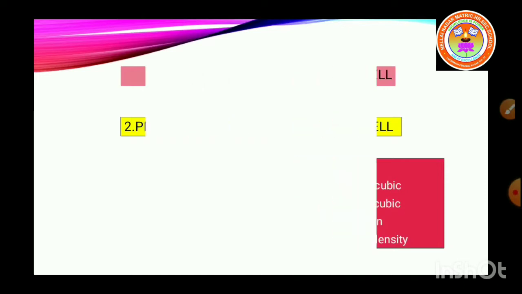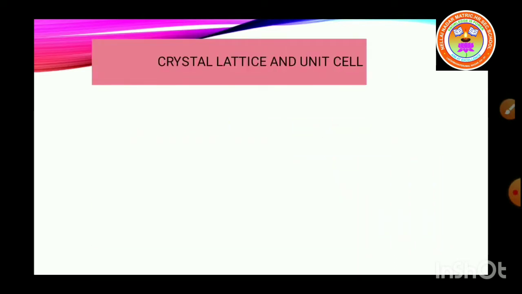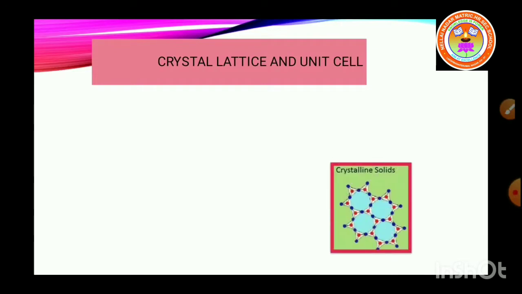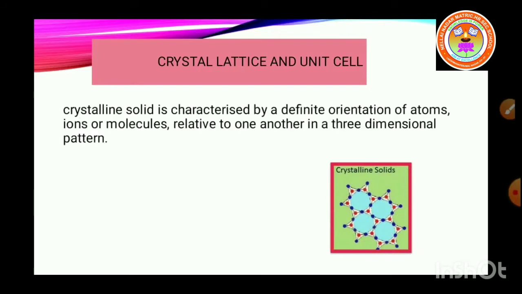See here, the first one is crystal lattice and the unit cell. What is crystalline solid? Already we discussed, isn't it? A crystalline solid is characterized by a definite orientation of atoms, ions or molecules related to one another in a three-dimensional pattern.